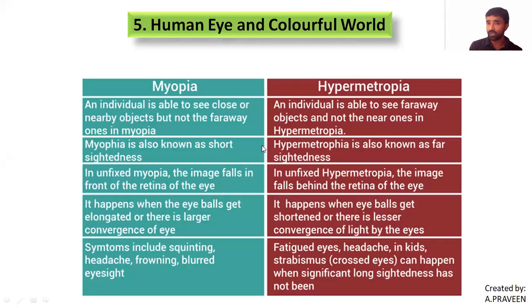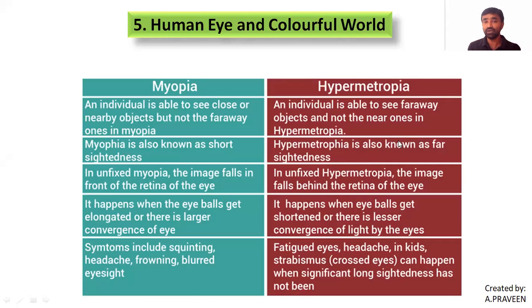Myopia is also known as nearsightedness or short-sightedness. Hypermetropia is far-sightedness. In the myopia defect, the image of far objects is obtained before the retina.